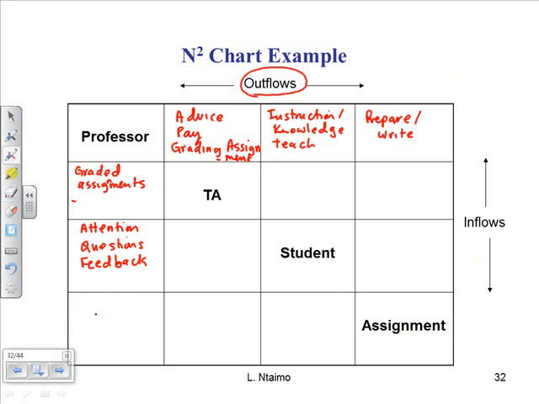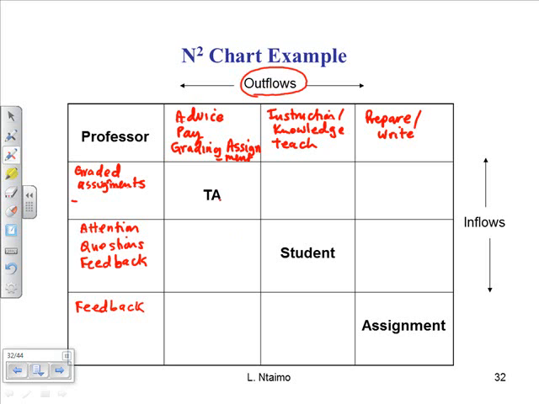What kind of feedback? Performance, student performance. Okay, so we have the outflow and then we have the inflow. In the vertical cells and then the horizontal cells, we have the outflow.